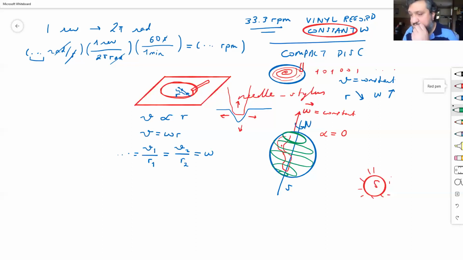So we're not at the equator, but we're still at a certain distance from the rotation axis, this axis here. Therefore, we do have a tangential velocity.